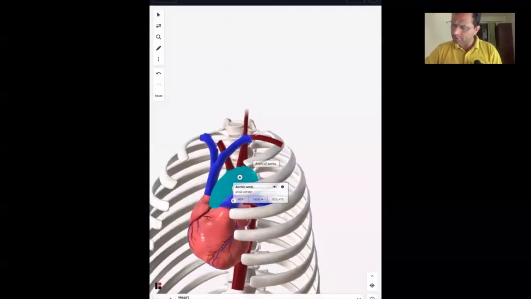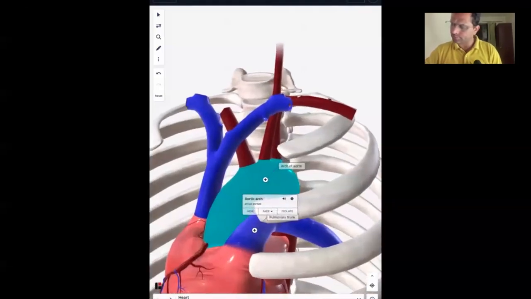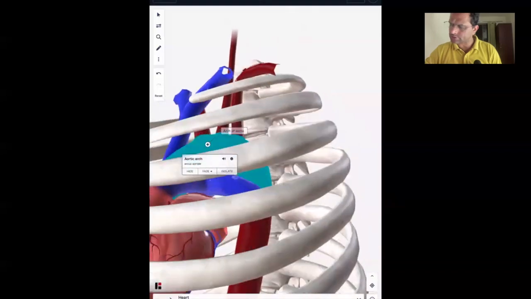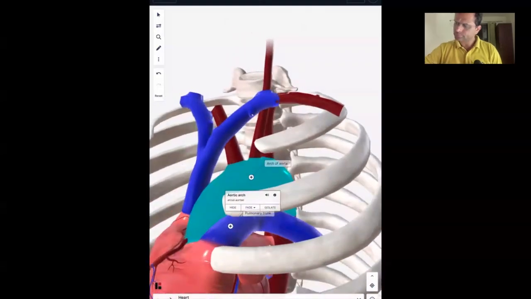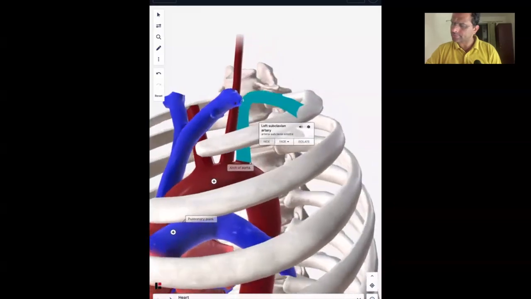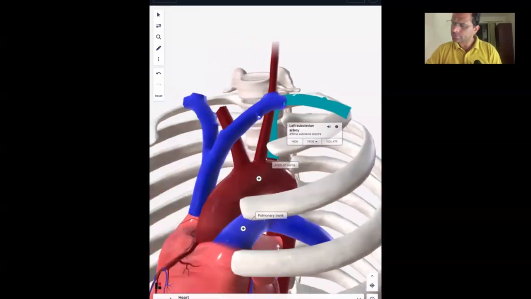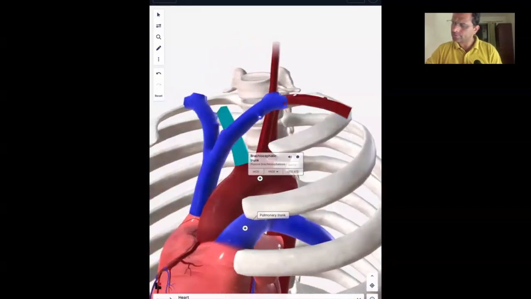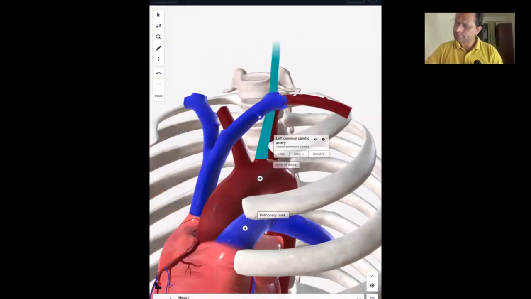Now pumping the blood and with a great force, the blood is going in these three vessels. Vessel number one, vessel number two, and vessel number three. Okay. One, two, and three.